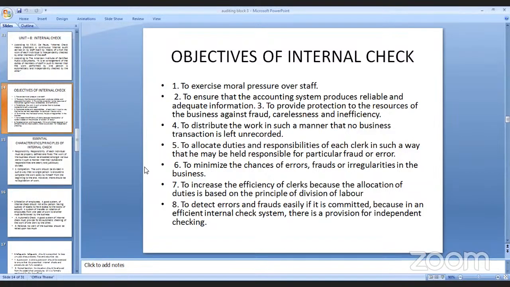So, in order to avoid the wasting of time, or in order to remind them of their responsibilities, the internal check concept was introduced. Next, with the internal check system, accounting system procedures will provide accurate information. The needed information will be gathered from the accounting system procedures.